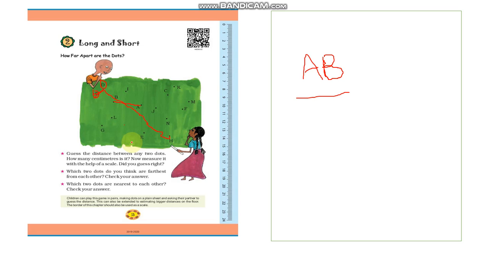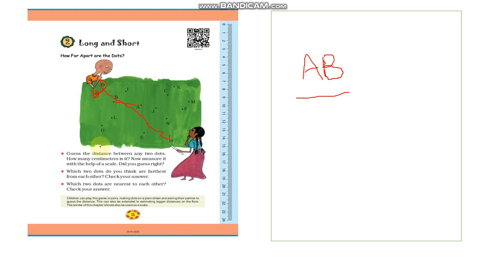Did you get it right? Maybe it is 1 centimeter. Maybe your height is 5 or 6 centimeters. Which two dots do you think are the farthest from each other? Check your answer. Which are the nearest to each other?